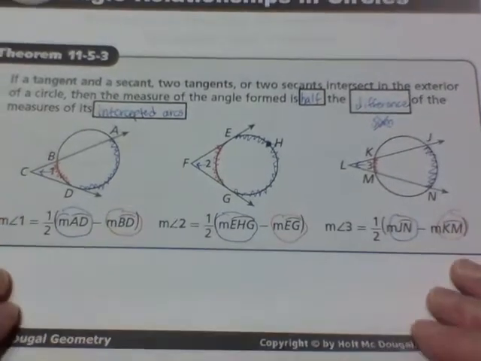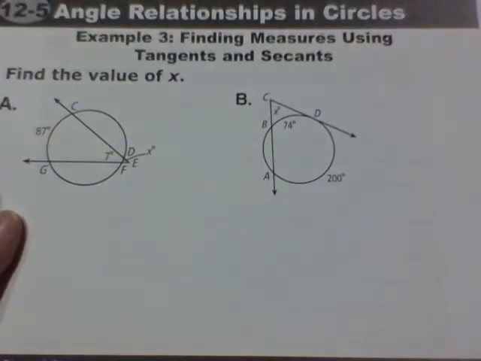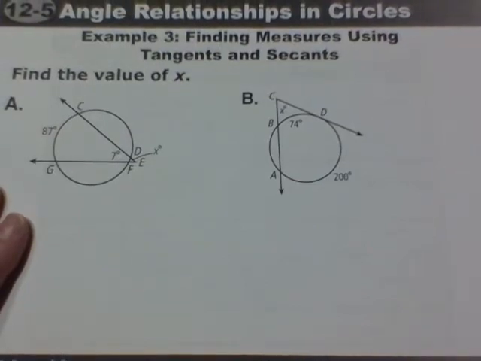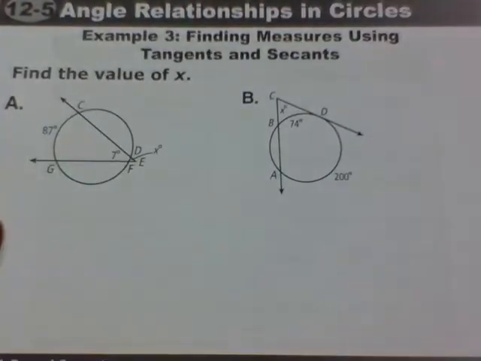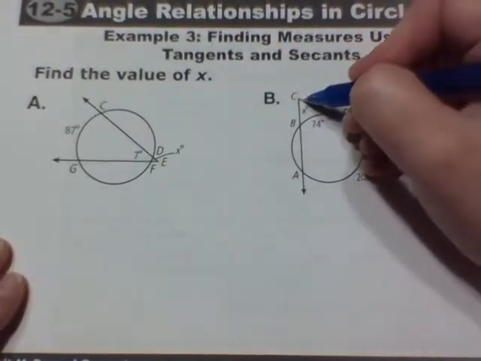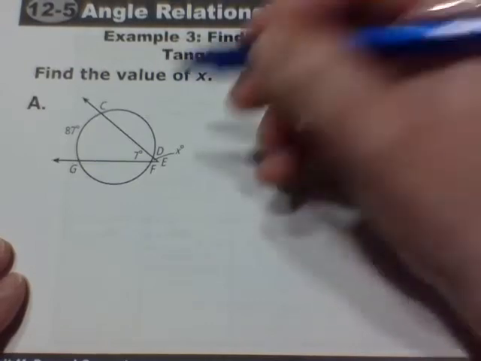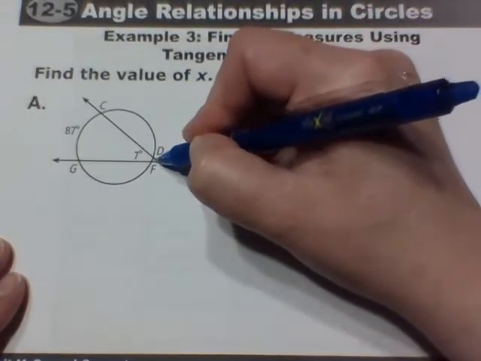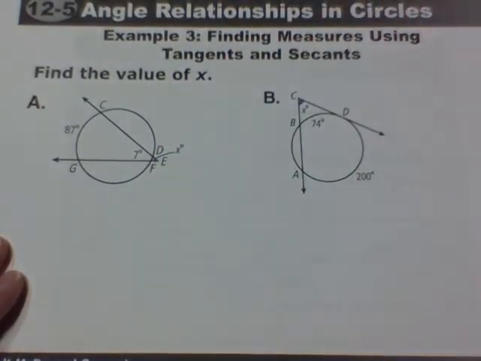All right. So taking some examples of that, looks like we have one here at the beginning that is 2 chords, and then we have one here that's a tangent and a chord, or a secant if it goes on. All right. So we're going to find the value of x in this case, and x in both of them is this angle at this outer point. So we are talking about that. All right.